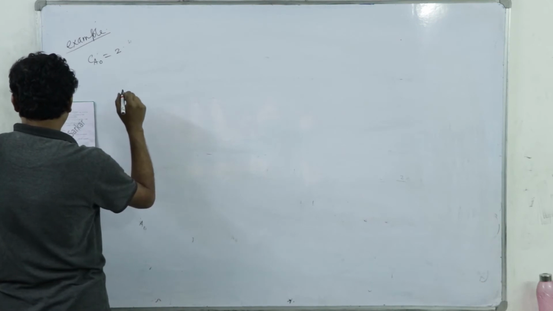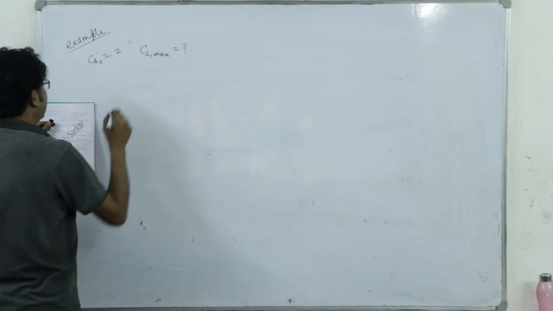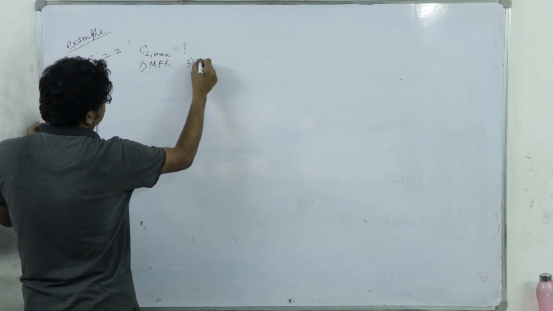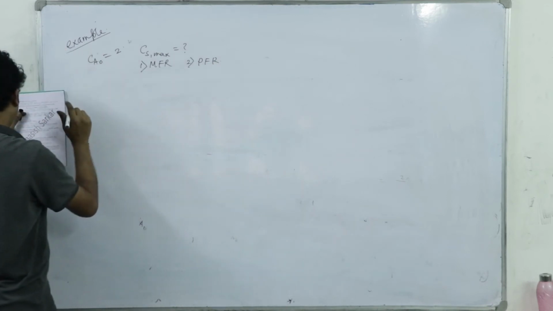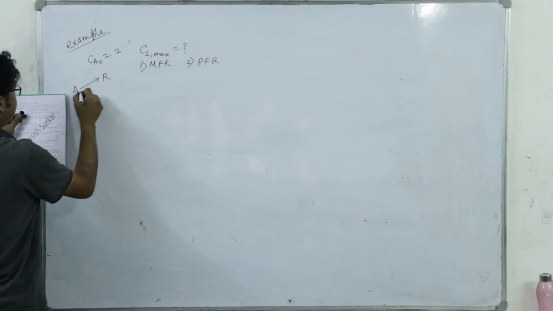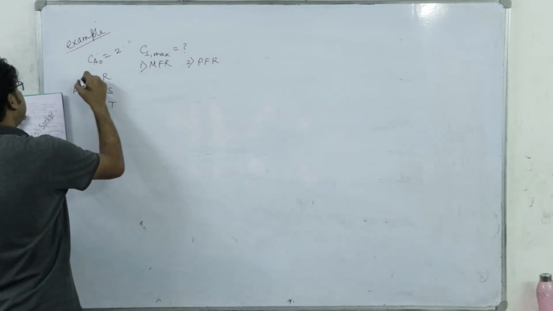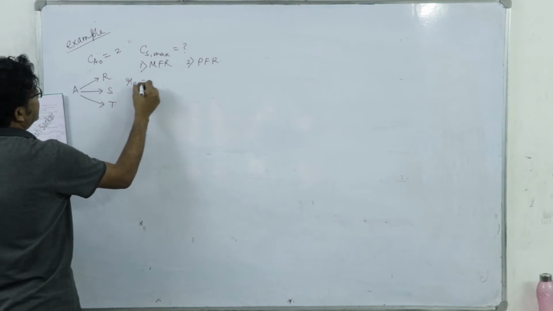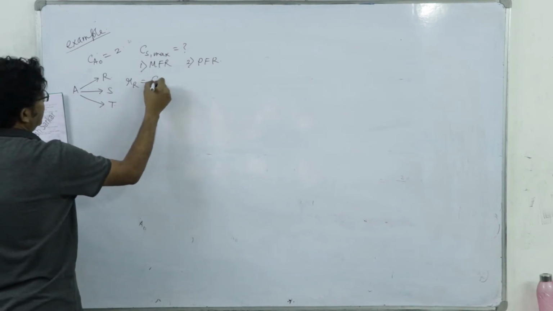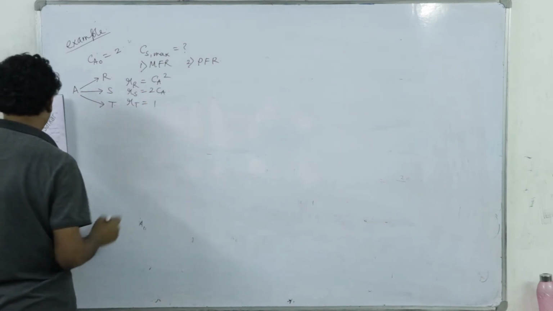Find the maximum expected CS, CS max, for an isothermal operation in MFR and PFR, for the reaction A giving R, giving S, giving T. The rate RR is Ca square, RS is 2Ca and RT is equal to 1.